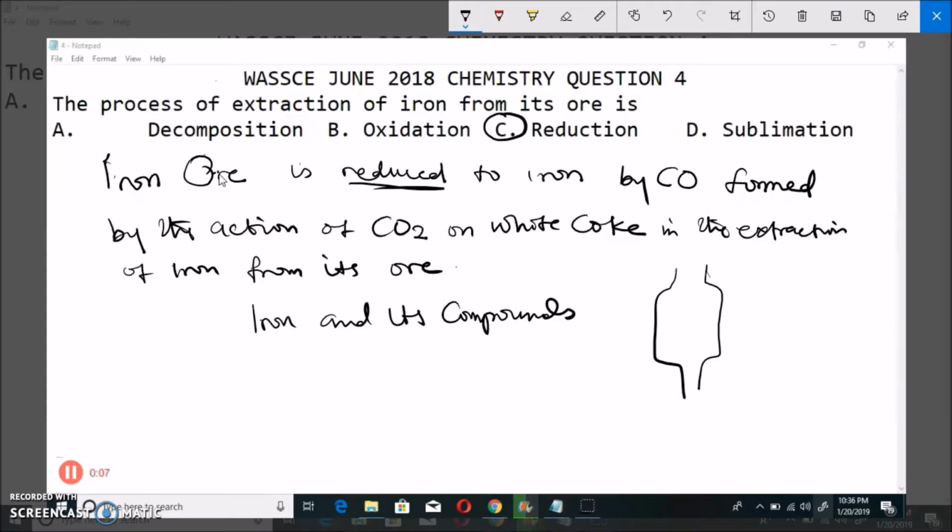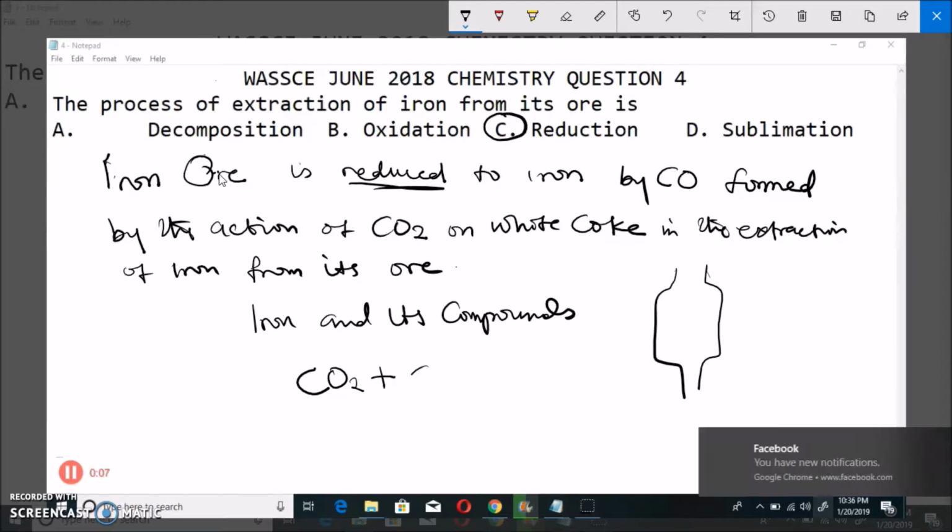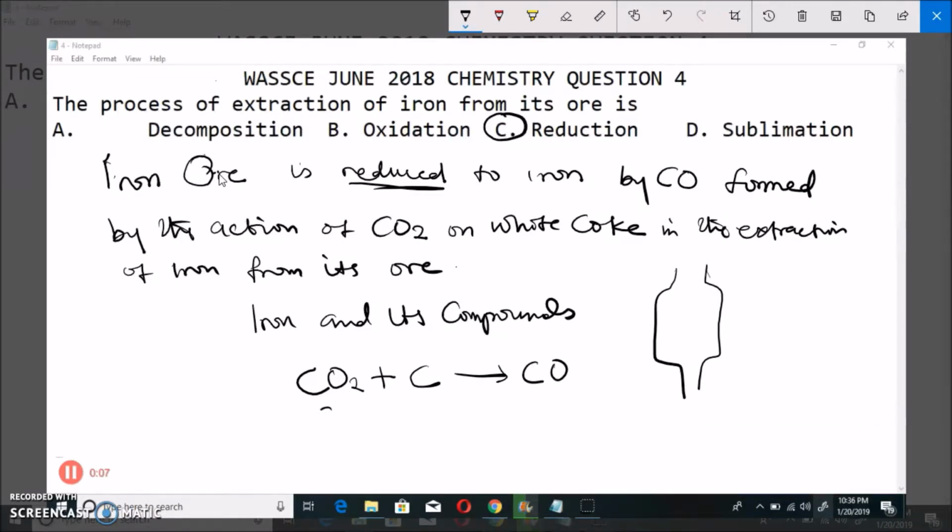When you have your CO2 reacting with white coke, you are going to get what we call CO. And it is this CO that will react with your iron oxide, reducing it. This iron oxide is actually called hematite, and the CO will now reduce it to ordinary iron.